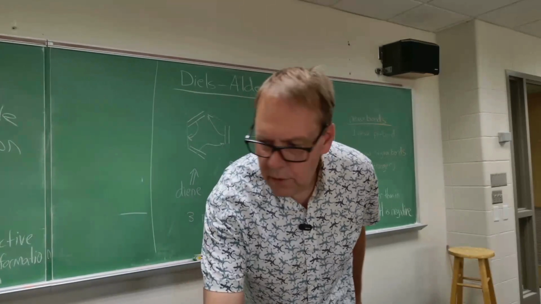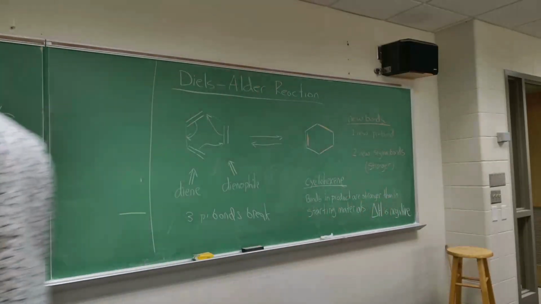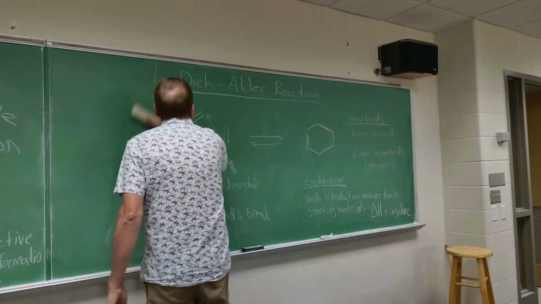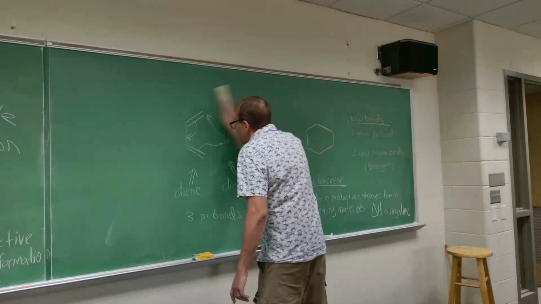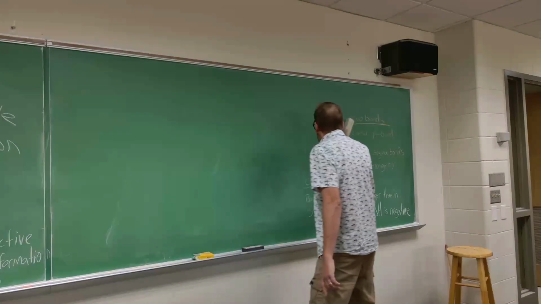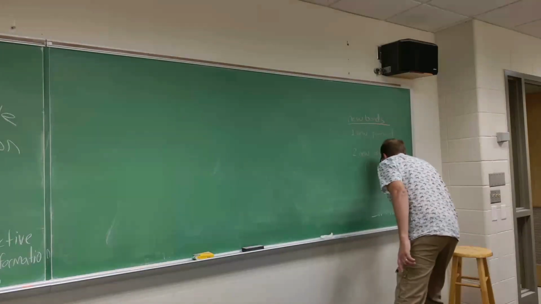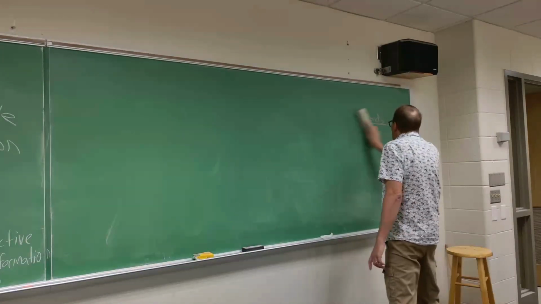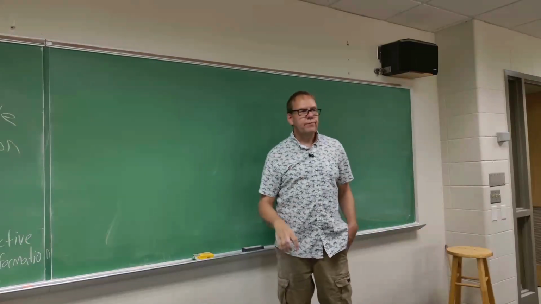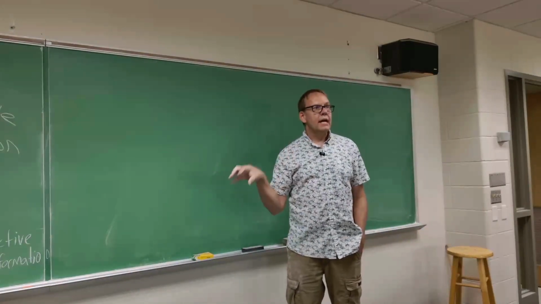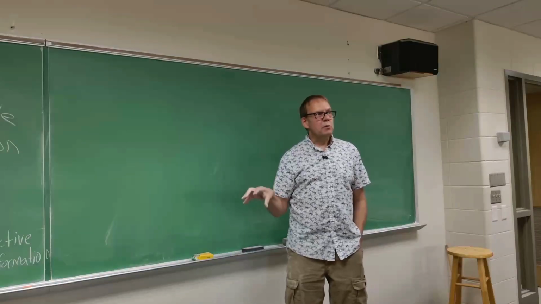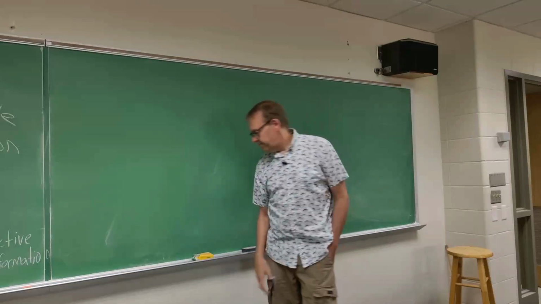All right, let's talk about the dienophile next. The Diels-Alder reaction fundamentally involves electrons flowing from one reactant to another. And the way it usually works is that the electrons usually flow from the diene into the dienophile. So it helps if the dienophile is electron poor and the diene is electron rich.